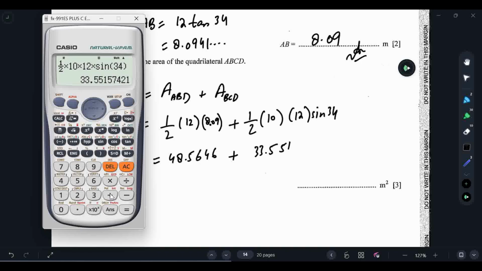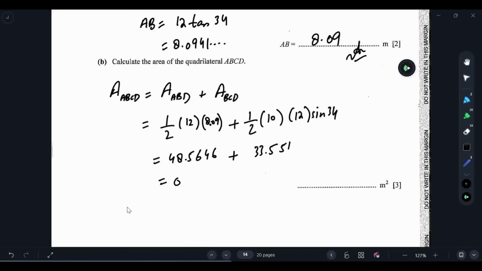So this will be plus half, 1 by 2 multiplied by 12 multiplied by 8.0941. So this will be equal to 82.11617, and so on. We have to correct it to three significant figures.